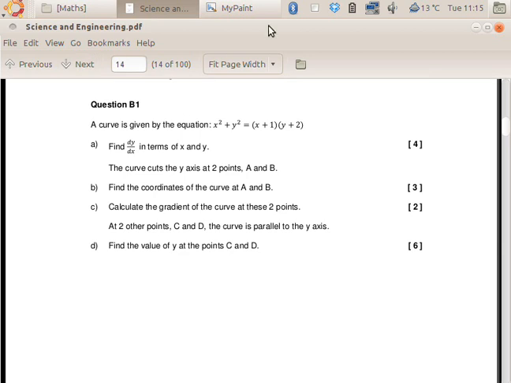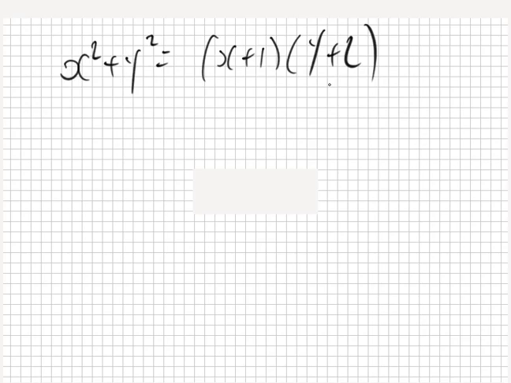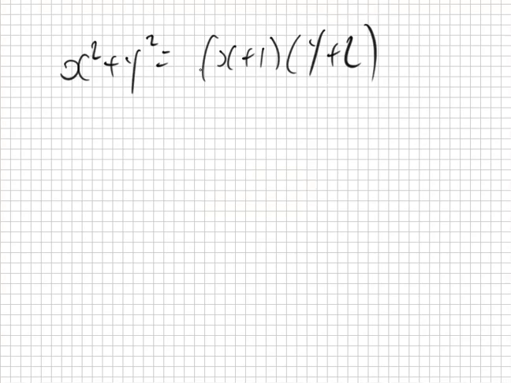Do you have it? Yeah. Alright, so what was it? X squared plus y squared equals x plus 1 times y plus 2. Okay. So here, they probably want the derivative. So the derivative here is 2x plus 2y dy/dx.